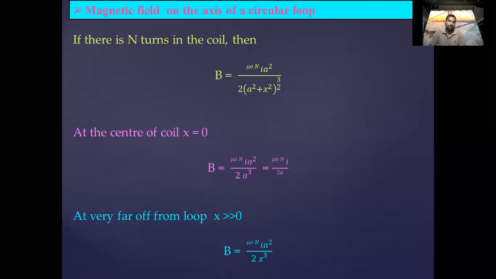The first application is the magnetic field due to a long straight current carrying conductor, and using that final equation, we prove Ampere's law. And another application is the magnetic field on the axis of a circular loop, which we discussed. Now, thank you, one and all.